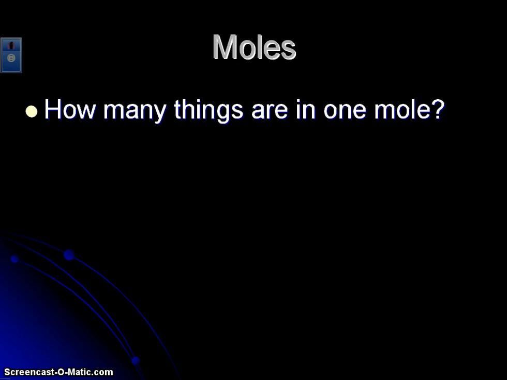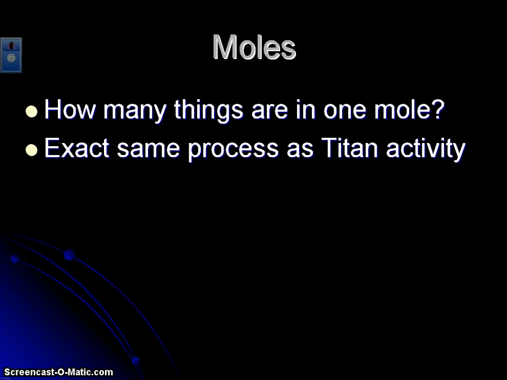So let's look at that. We're going to calculate it the same way as we did in the Titan activity. From the periodic table, we know that the average mass of one carbon atom is 12.01 AMU. Remember that average atomic mass tells us that.